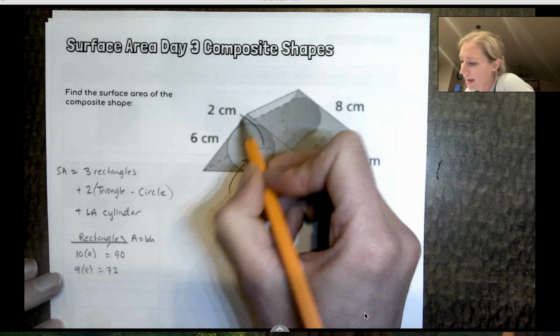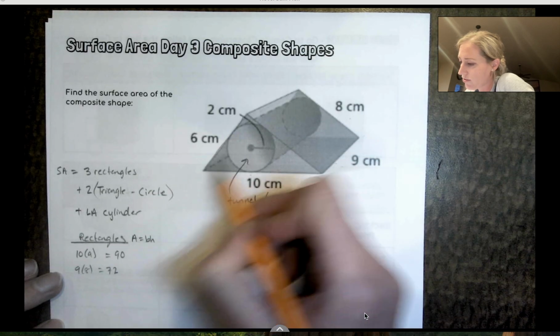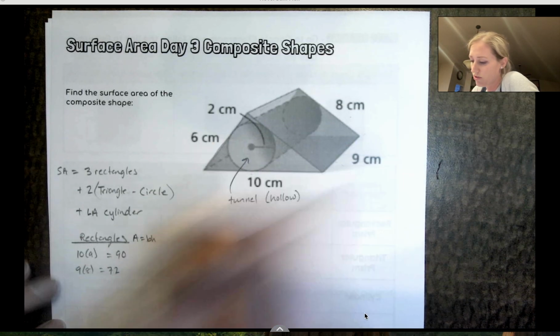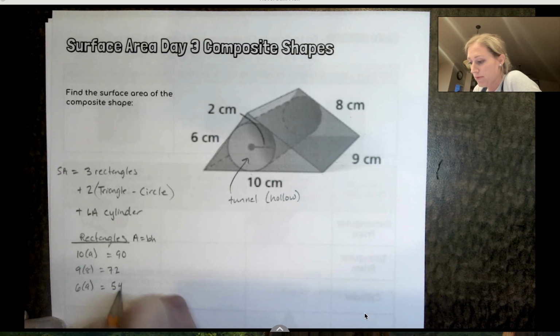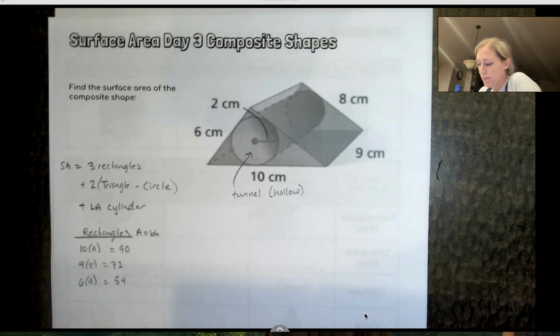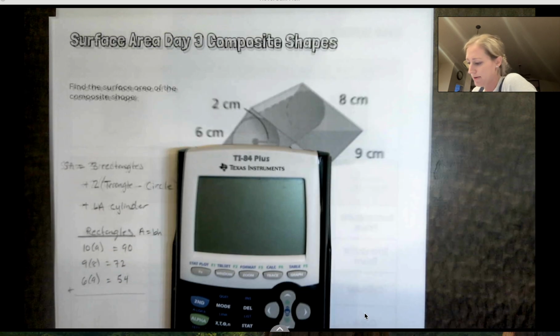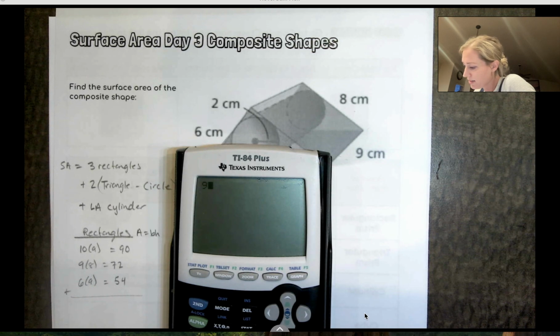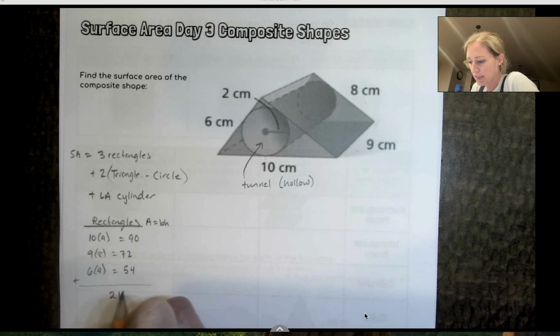And then this side is 6 by 9, because the 9 goes all the way back, so it's deep this way, 9. So 6 times 9 is 54. Then I can add all those up to get my total rectangles: 90 plus 72 plus 54. So there's all my rectangles, 216.